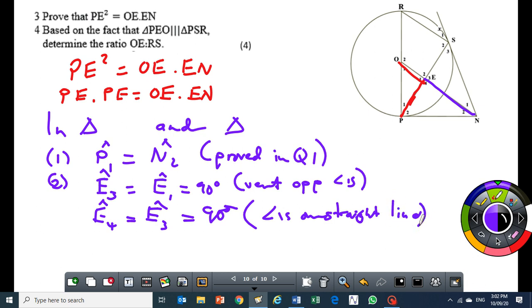What I mean by E4 equal to E3, equal to 90, is because of angles on a straight line. If we know that E3 is 90, we have proved it already. So to get E4, you subtract E3 from what? From 180. That's why I wrote angle on a straight line. So you can say therefore angle E4 is equal to E1. In fact, I need to write it down vice versa.